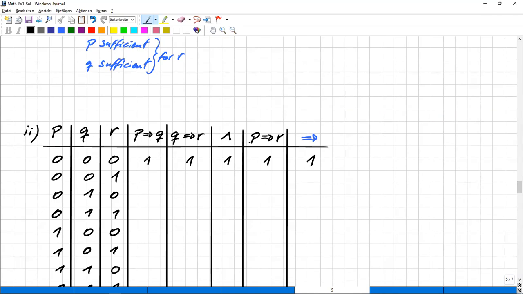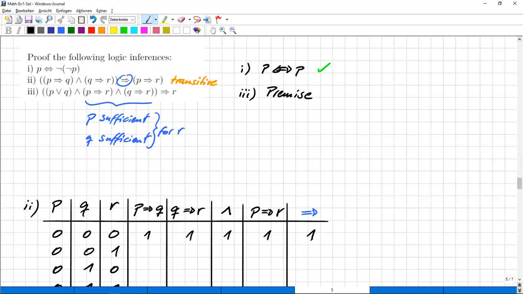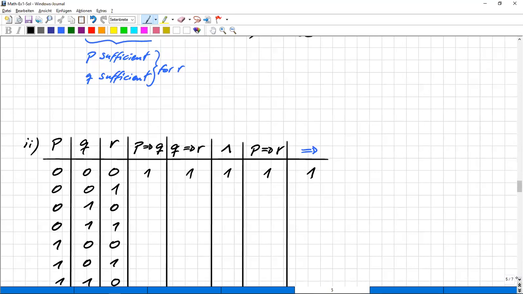And then I even check the truth values of P implies R. And then we look at the final implication, because that's what, here, you see, I marked it in blue color. That's the essence of this whole formula.